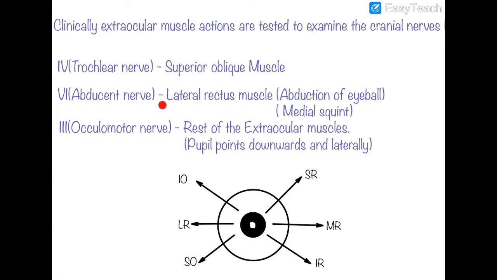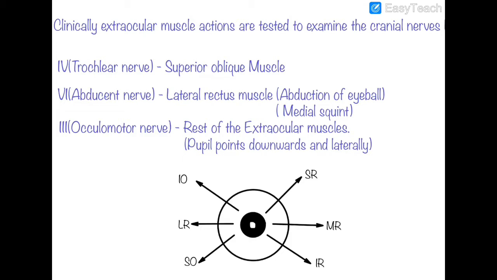The abducens nerve supplies the lateral rectus muscle, and the oculomotor nerve supplies the rest of the extraocular muscles, which are the inferior oblique muscle, the superior rectus muscle, the medial rectus muscle, and the inferior rectus muscle, and also the levator palpebrae superioris.